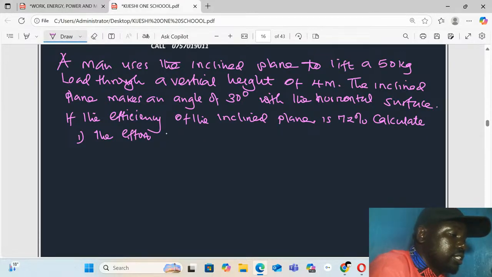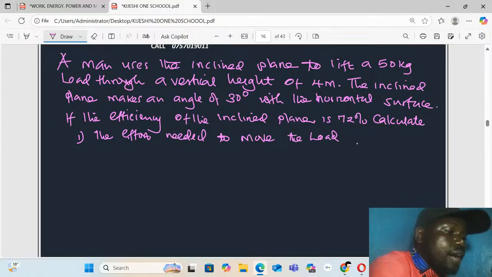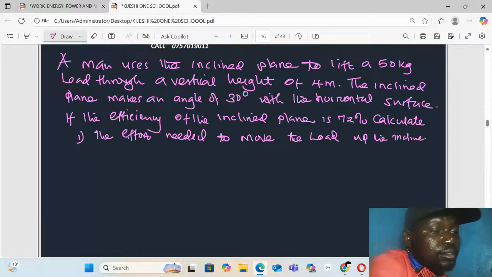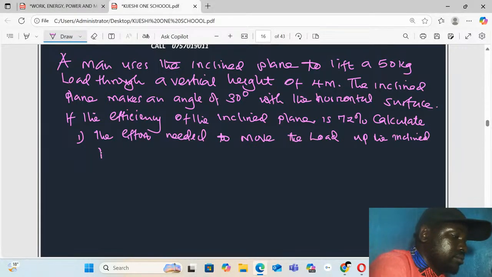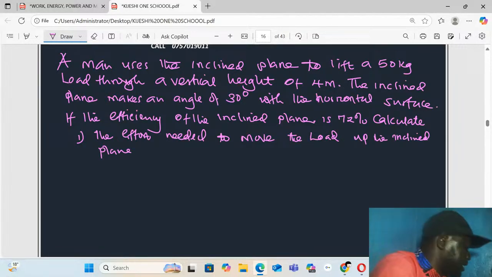The effort needed to move the load up the inclined plane at a constant velocity.